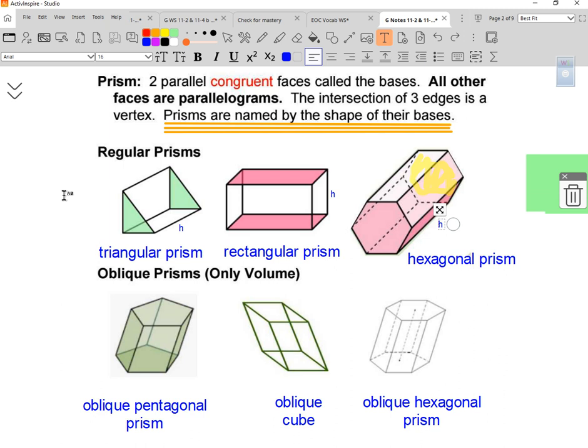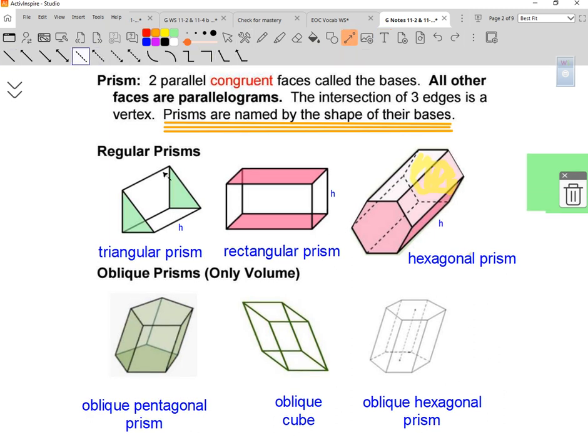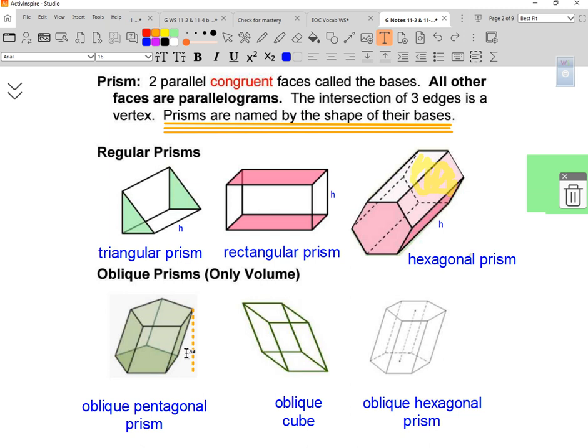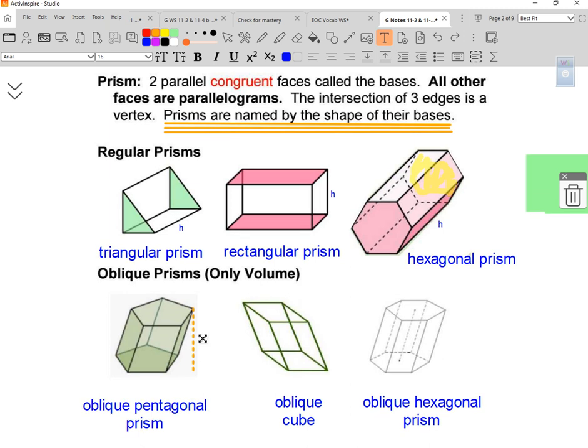So the height of these oblique prisms, they're going to have to give us the dotted line between the bases. So the height here, that would be the height.